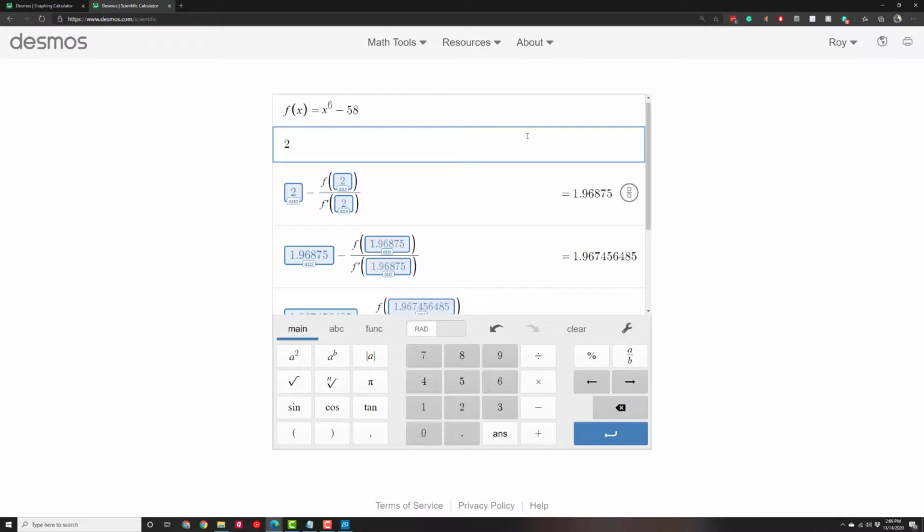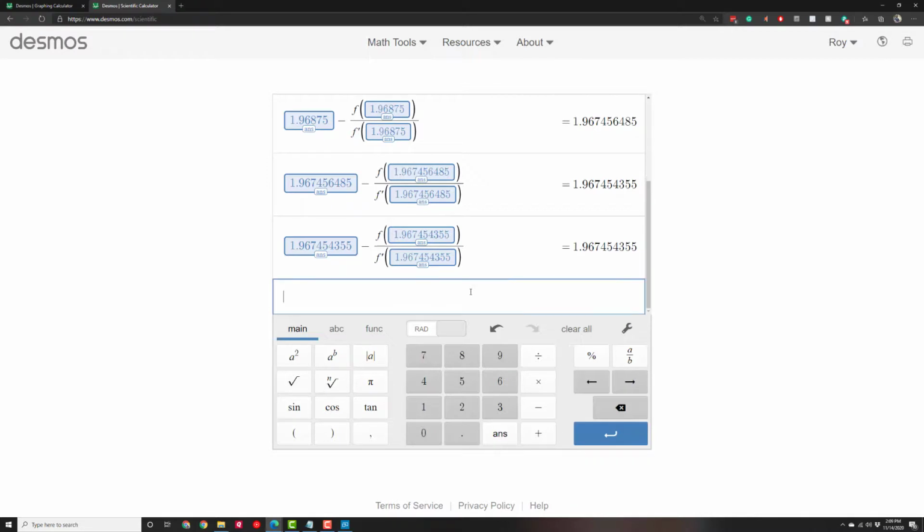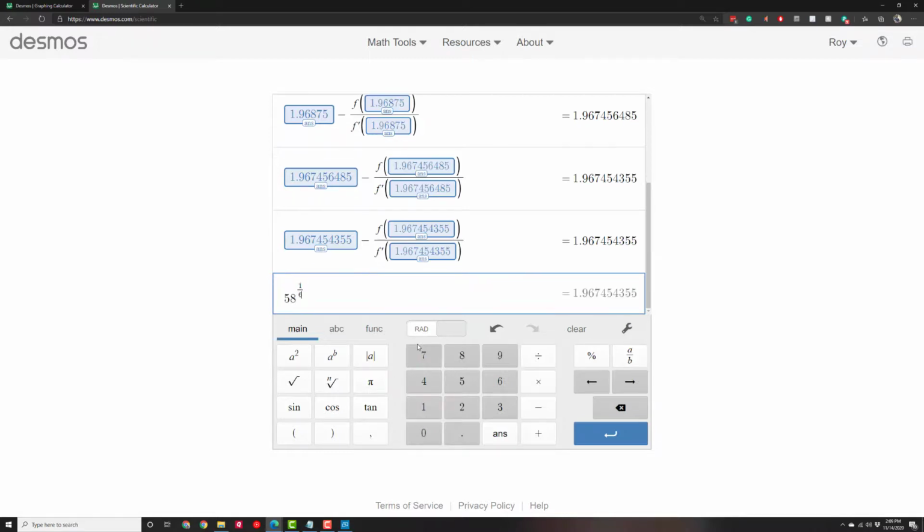The next thing I want to mention here is that we might as well go ahead while we're at the calculator screen and see what Desmos says is the 6th root of 58. So 58 raised to the 1/6 power, which is the 6th root, is, look at that. We have all their possible represented digits there.